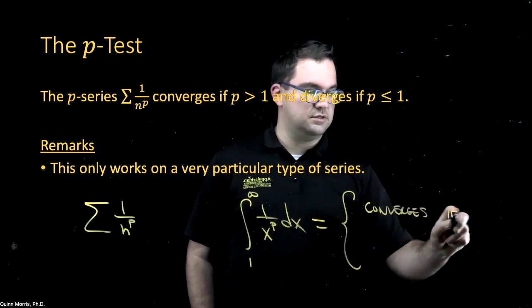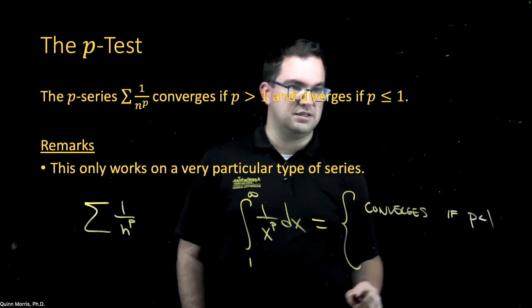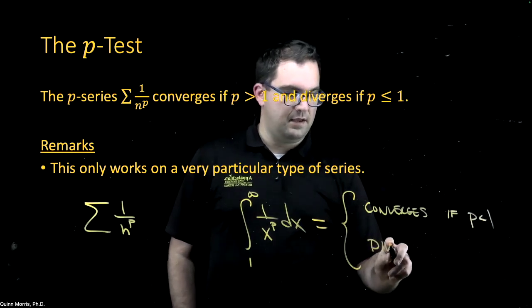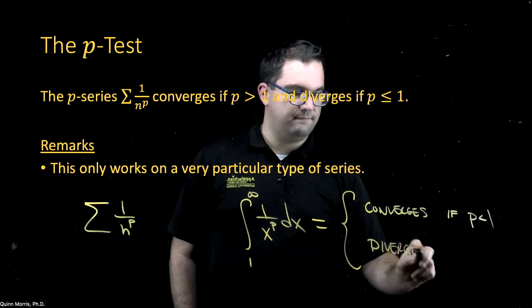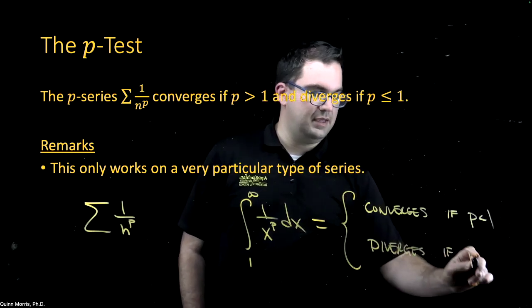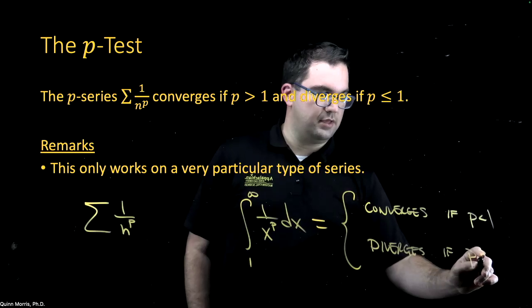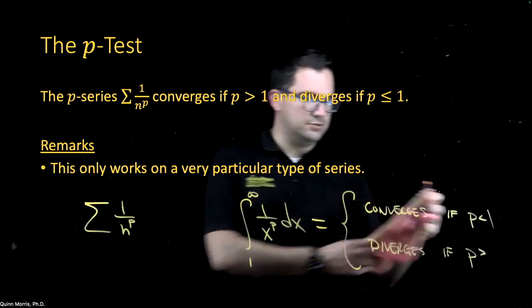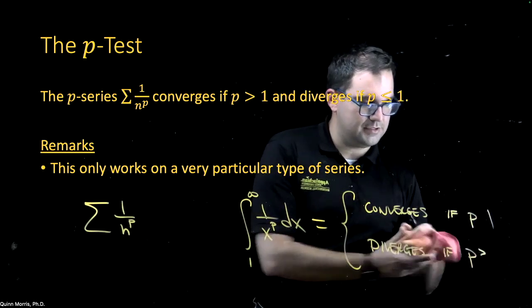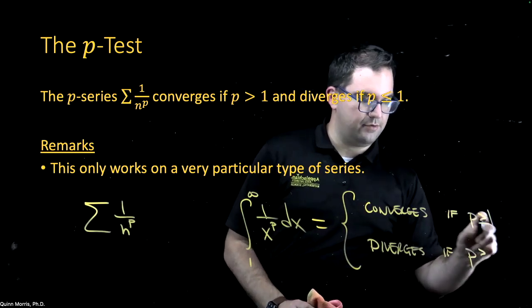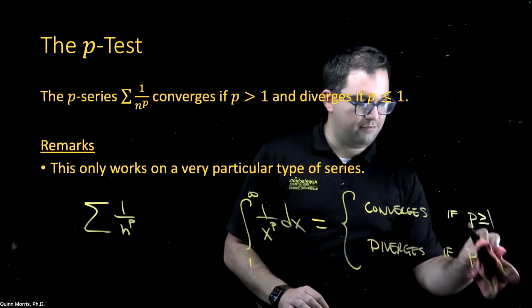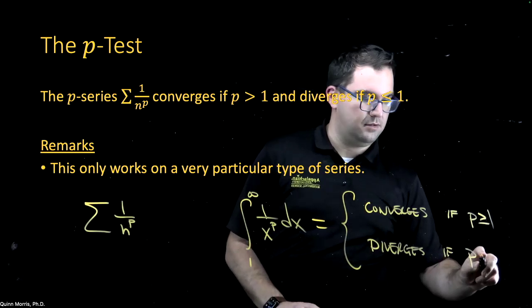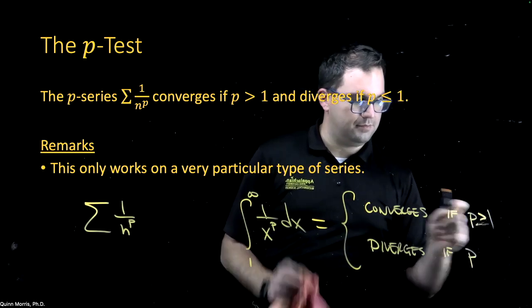This converges if p is less than 1, and it diverges if p is greater than, sorry, I have that backwards. This converges if p is greater than or equal to 1, and it diverges if p, nope, sorry, let's get that right.